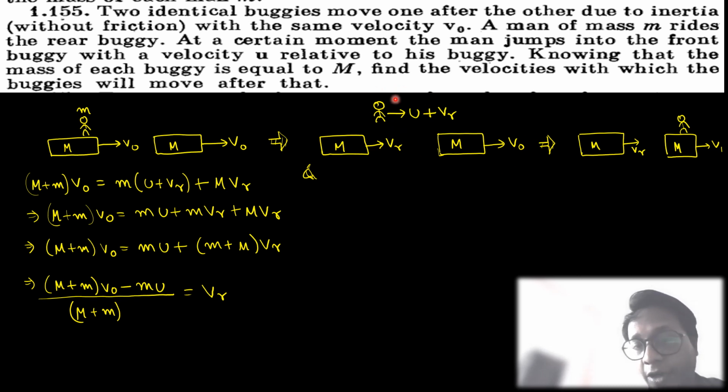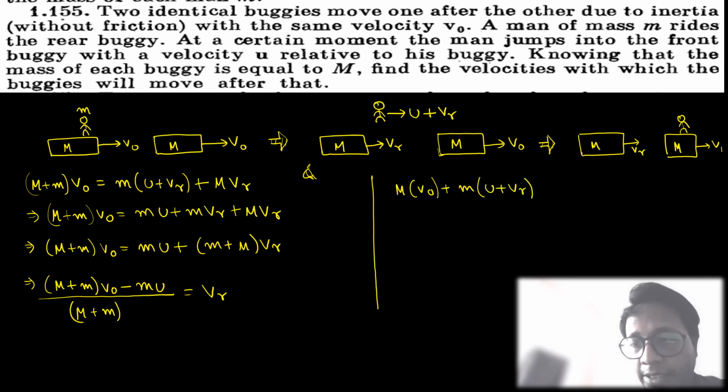That is the advantage I got while making this velocity relative to the ground. The momentum of this entire system before the landing equals the momentum after. So M into v naught plus small m into (u plus vr) is equal to (M plus m) into v1.